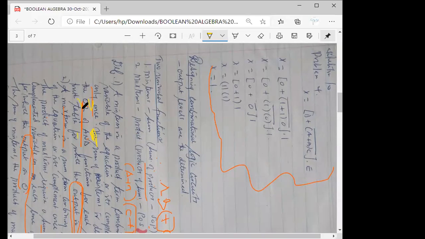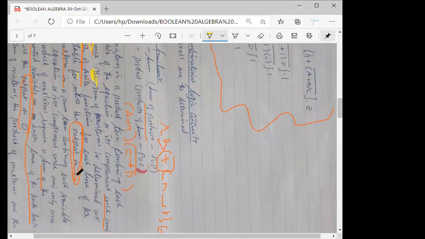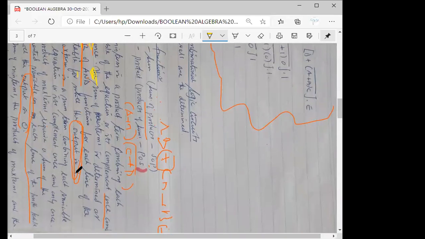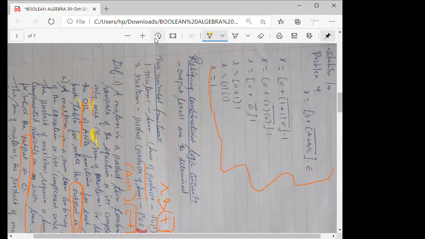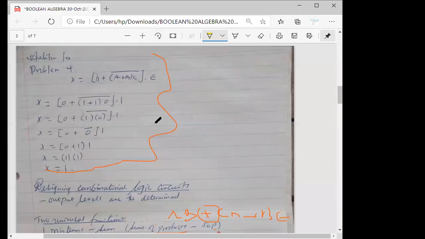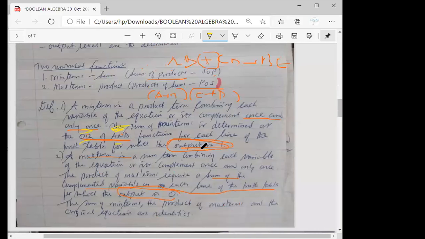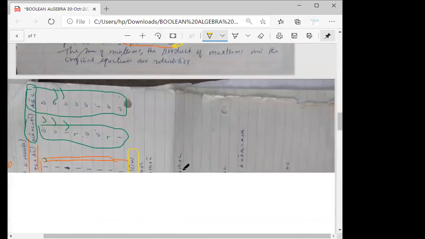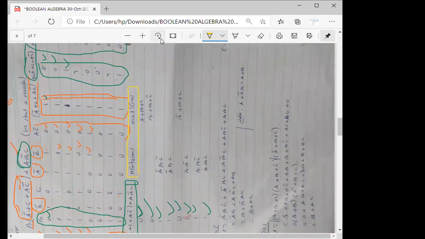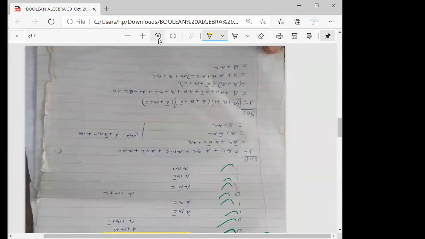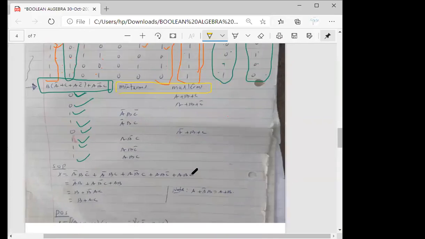That's how we get the min terms and the max terms. So where the product is 1, the output will be called the min term. Where the output is 1, then it's called the min term. Where the product output is 0, so we have the max terms. And that's why now, if you check here, we expect to have the min terms in this level.